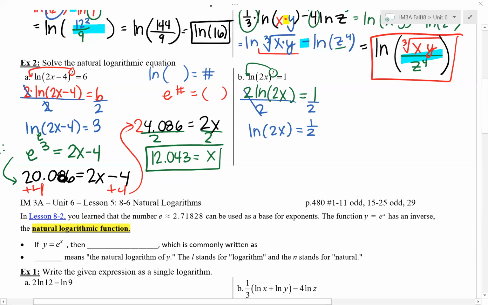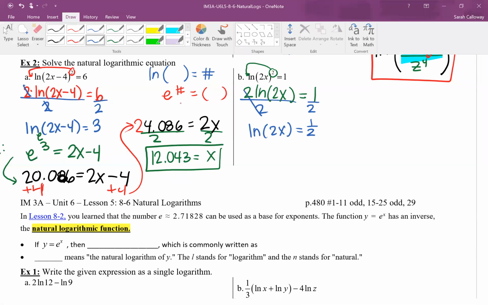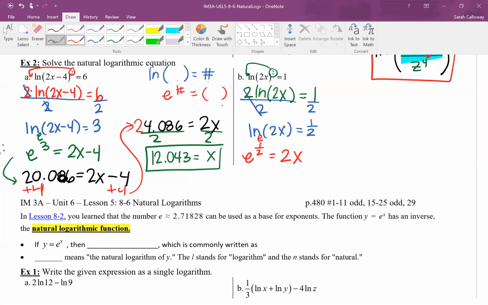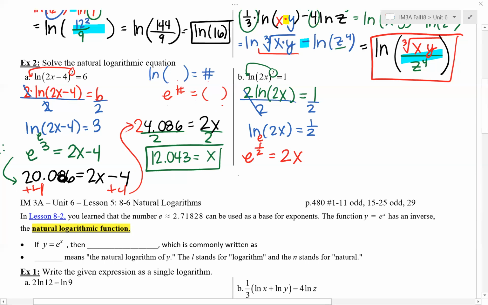equals 1/2. Remember that when we switch this to exponential form, right now we have ln of something equals a number. Next, we're going to have e to that number equals our something. So our ln is the base of e. So e to the 1/2 power equals 2x. Remember that here we're going to use our calculator.